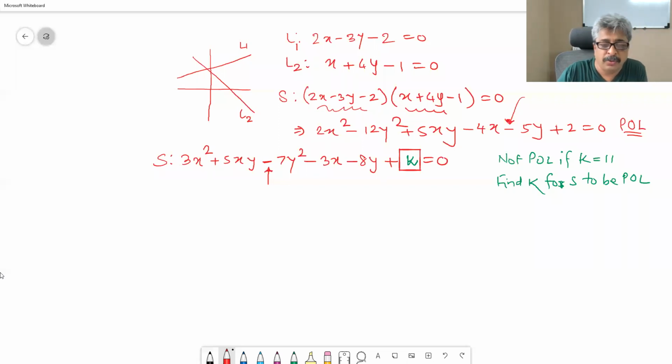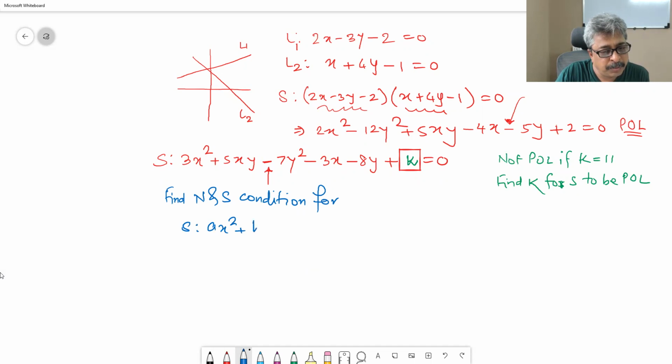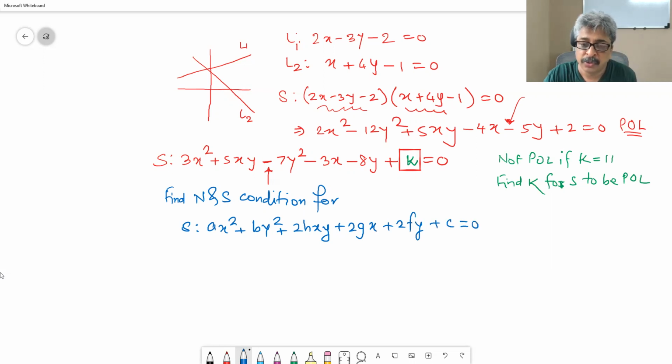So we have to deal with this degree 2 general equation once for all and find out necessary and sufficient condition for S, ax square plus by square plus 2hxy plus 2gx plus 2fy plus c is equal to 0, to be pair of lines.